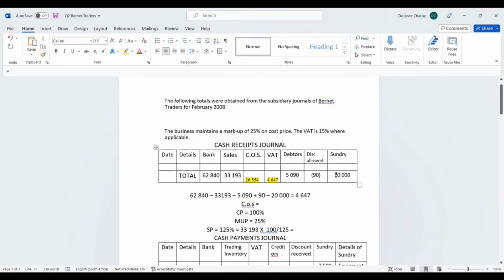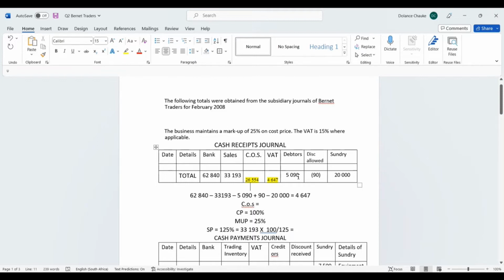Remember, I said if you want to calculate bank, you add everything here, you minus your discount, right? But you don't include cost of sales, because tomorrow they might not give you sales. You must know how you're going to get your sales. They might not give you debtors and give you other things.